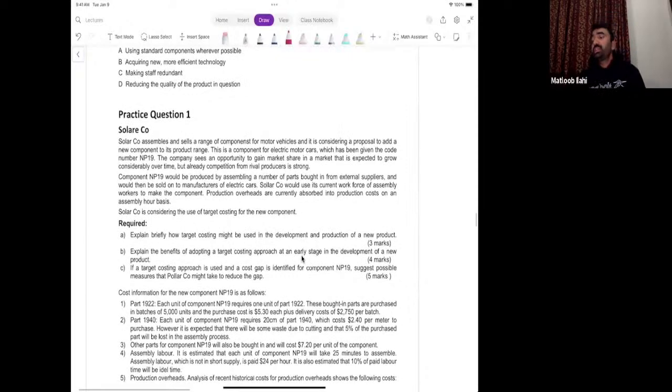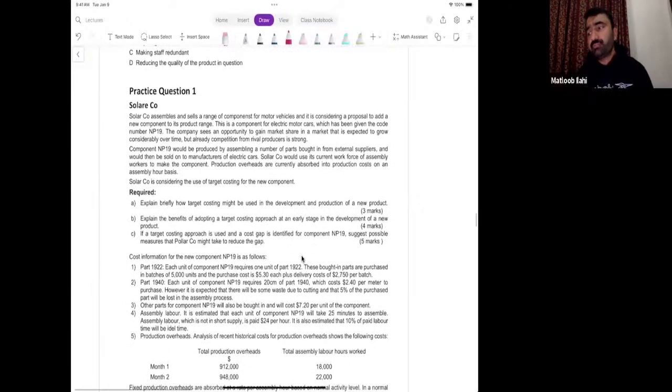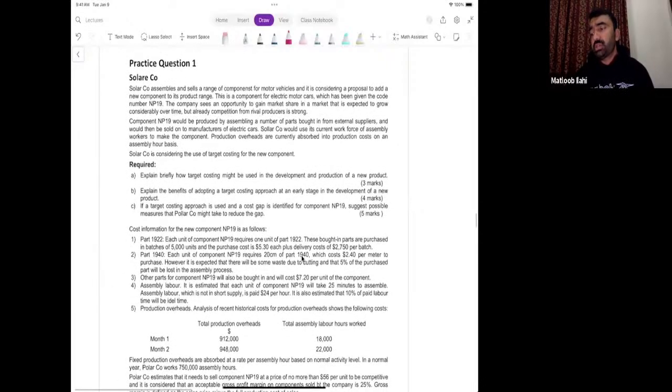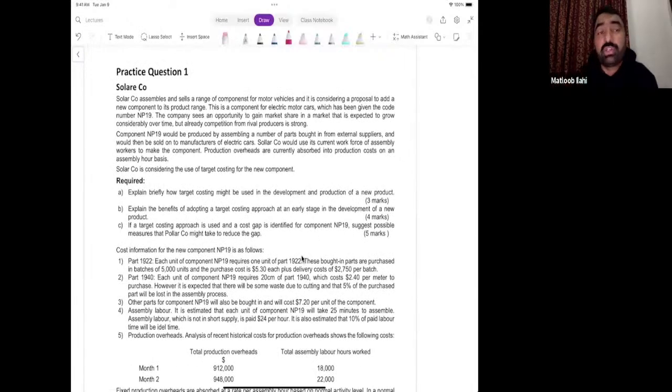Okay, so this is one question that we can try later after the end of all this section. If you look at the question, we can quickly go through the reading of the question.